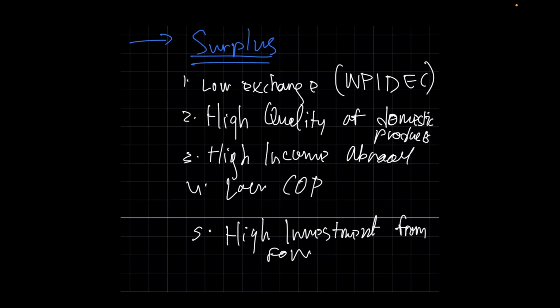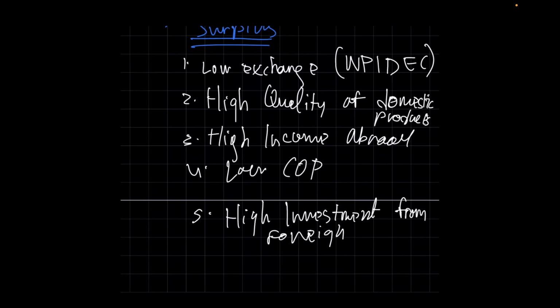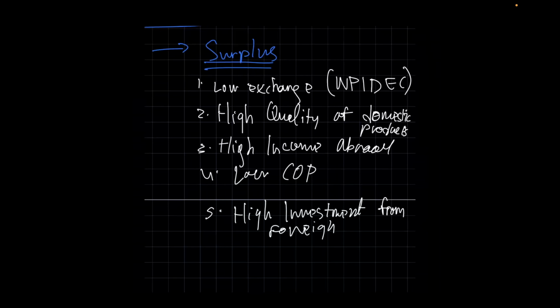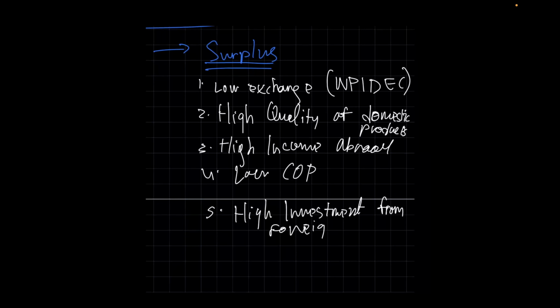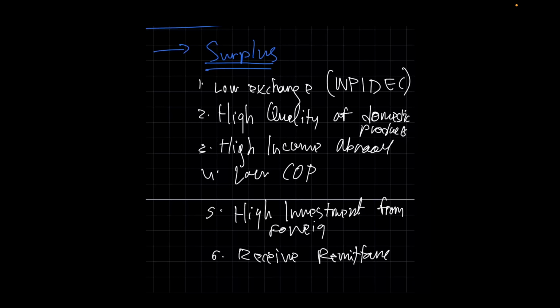This is called foreign direct investment, which we look at in much more depth at A level than in GCSE. For now, you just need to know you have more investment in the economy. And then you receive a lot of remittances. Now that is just an additional reason.